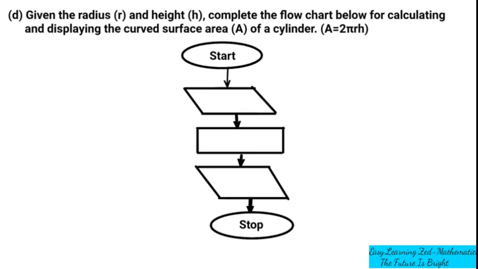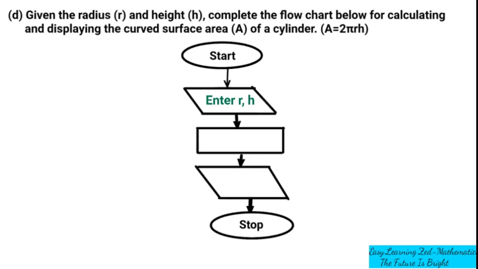Okay, so now in this diagram we need to put the terms necessary. So after start, what you need to enter in the next parallelogram is r, h, radius and h. Okay, then here in the rectangle where the process takes place, there should be a formula which is area is equal to 2 pi r h.